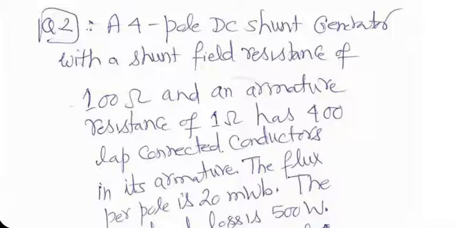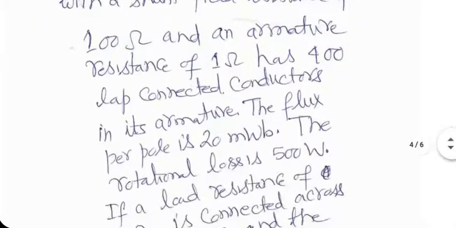P is equal to 4 actually. The flux per pole is 20 milliweber, so 20 multiplied by 10 raised to the power minus 3 Weber. The rotational loss is also given as 500 watt.